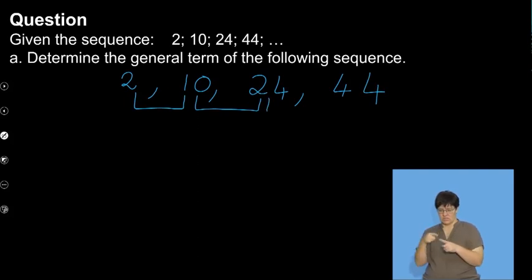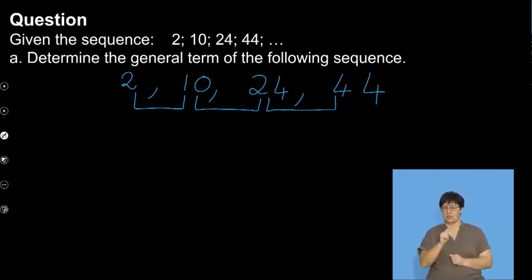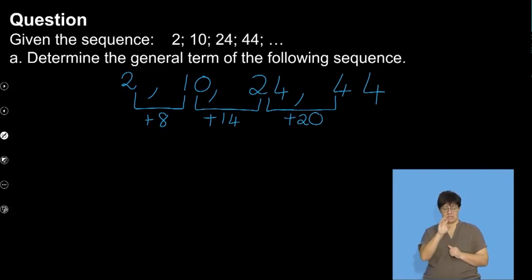Just a reminder, the first differences are the differences between the actual term values of the pattern that you are given. So between 2 and 10, there's a difference of positive 8. Then between 10 and 24, a difference of positive 14. Then between 24 and 44, a first difference of 20.